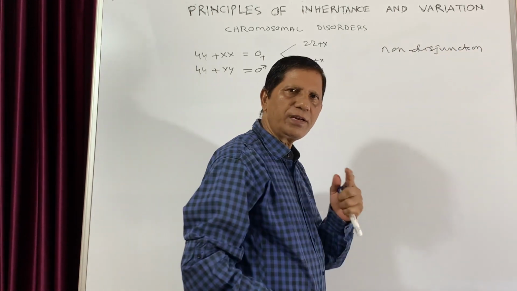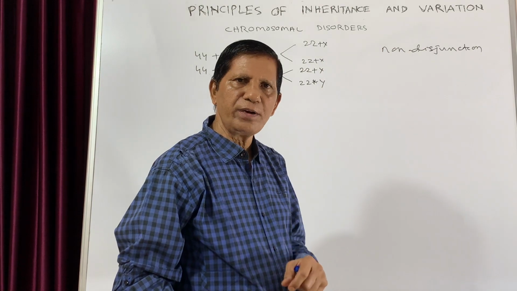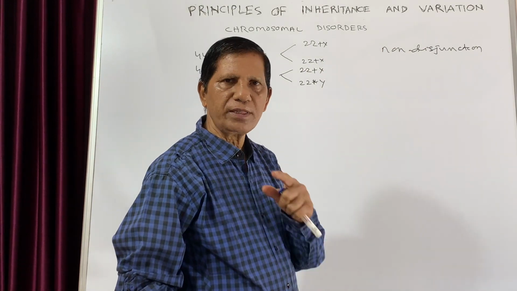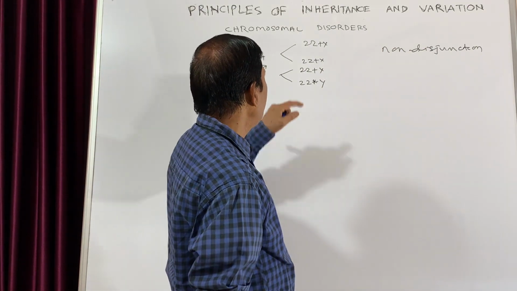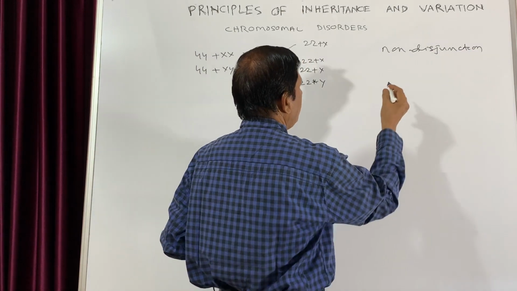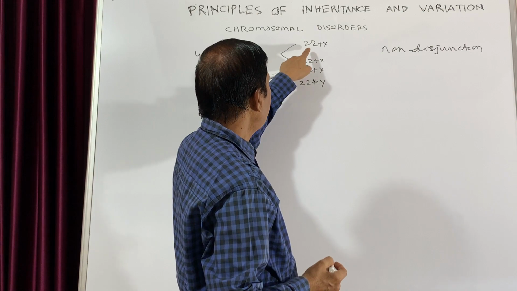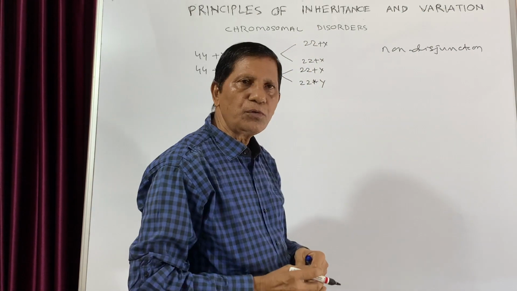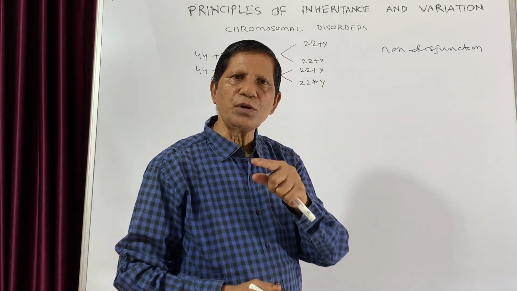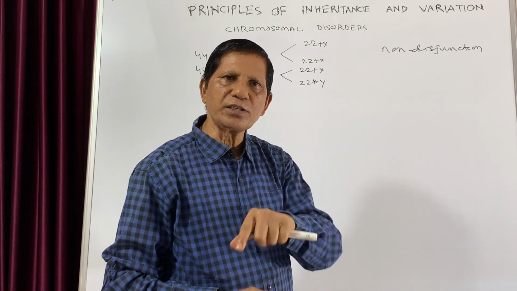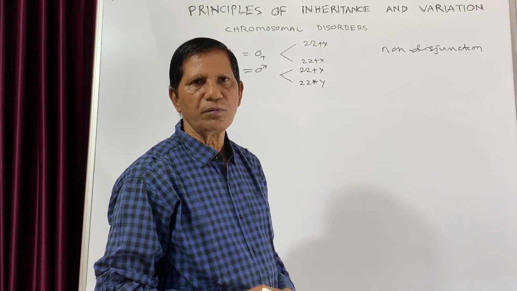It may be either in anaphase 1 or in anaphase 2. So in that case, what will happen? It may so happen that towards one side, 22 chromosomes will not move, only 21 chromosomes will move, and to the other side, 23 chromosomes will move.